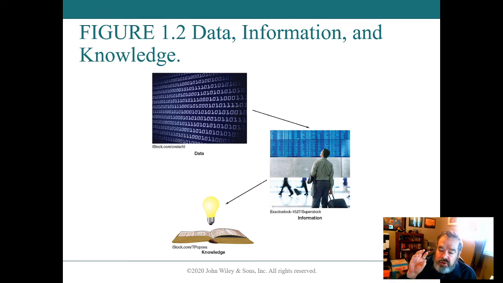You can now do something with it, because now I can send my salespeople to that hotel, to that hotel bar, to try and sell things. It becomes actionable, it becomes knowledge. It's data and information in actionable context. And that's the difference between those three concepts.